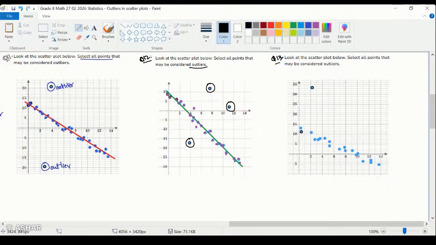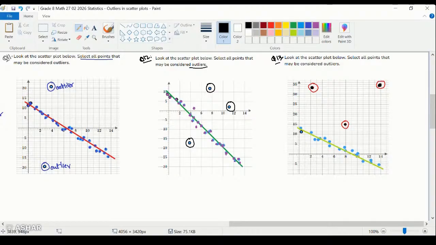We need to identify an outlier. Can we say this was the line given to us? So the outlier should be any point that is far away. This can be an outlier. Even this can be an outlier. Or this point can be an outlier, right? Because all these points are far away from the line of best fit.